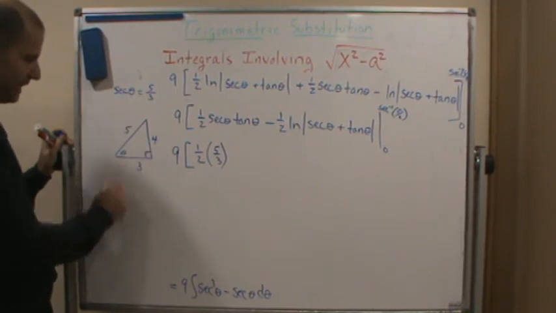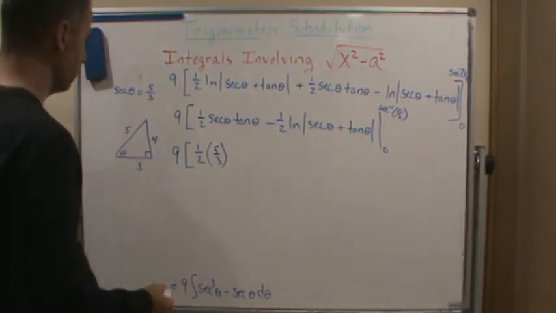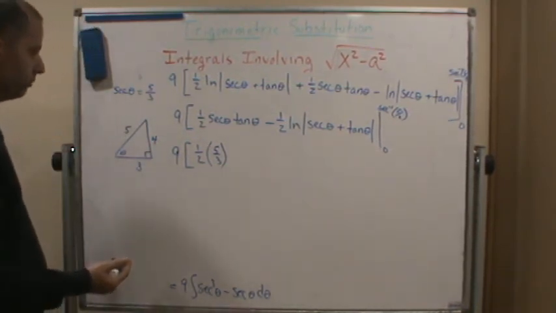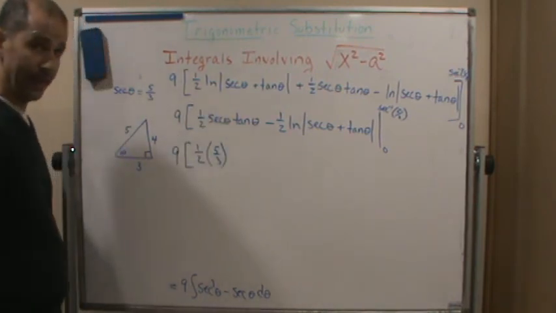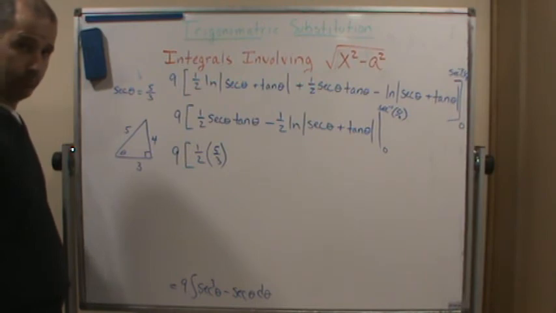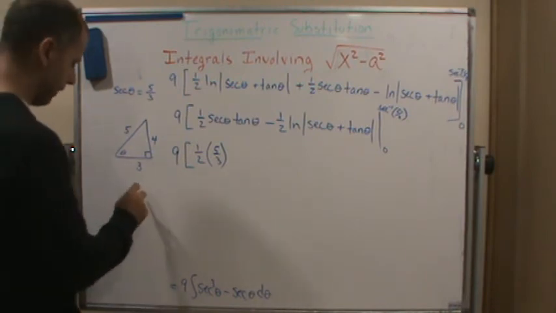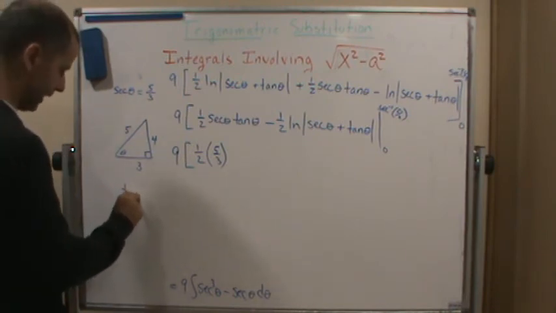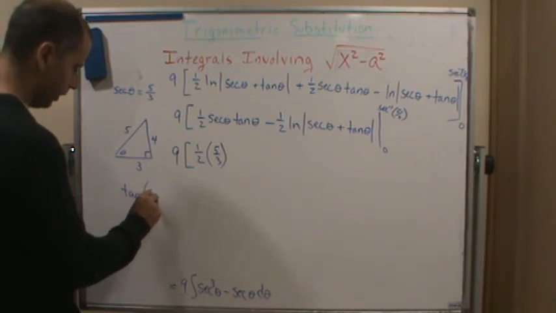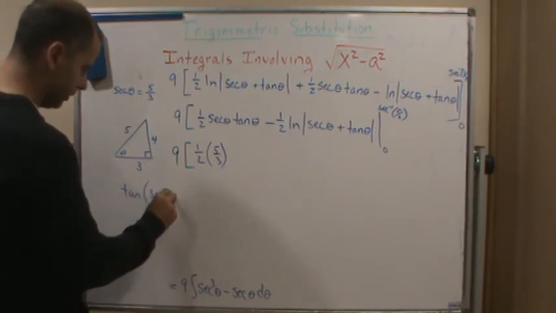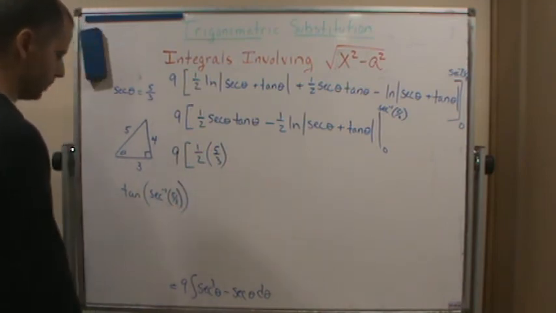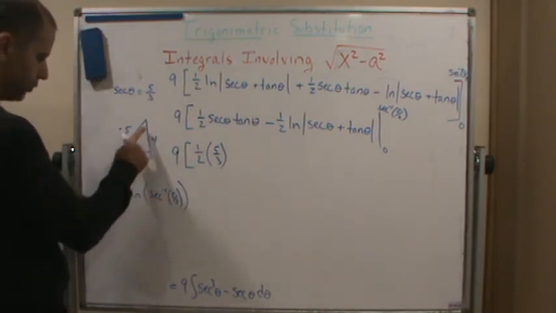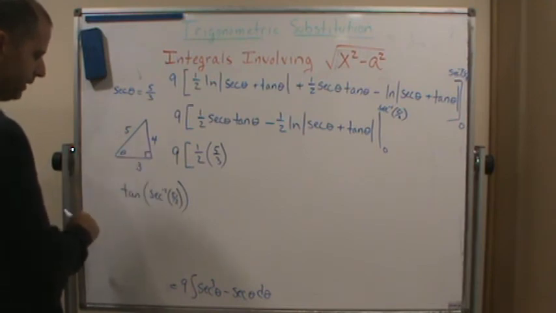But this makes it easy, because now I know what tangent theta is. Normally, we would have to do what? We'd have to do the tangent of the secant inverse of 5/3, right? But we'd still have to draw a triangle and figure out what it is.